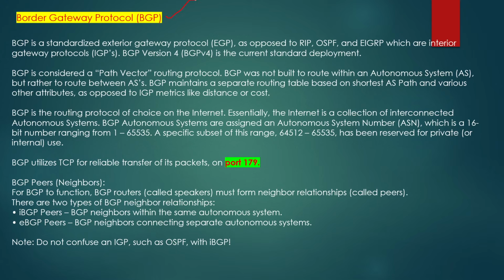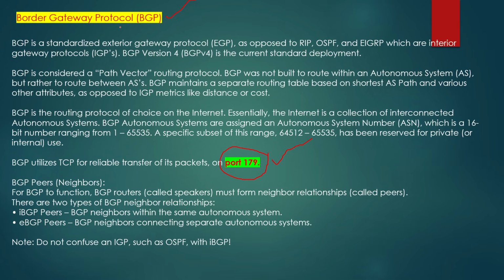BGP is an internet service and also a routing protocol. It uses TCP, and the TCP port number of BGP is 179. Very important. What is the port number of BGP? It is 179.